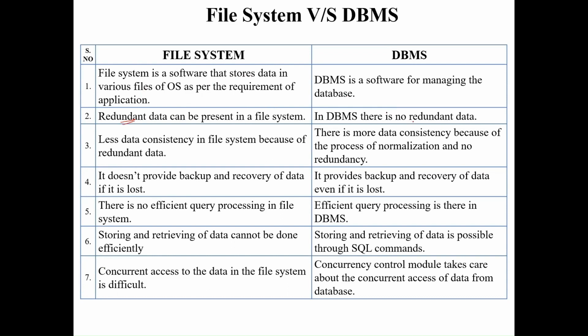But in DBMS, we have only one copy of each data, so there is no redundancy. There is less data consistency in the file system as redundancy is there. The consistency of the data may or may not be there because of redundancy. But in the database management system there is no data redundancy, so data consistency is always there.